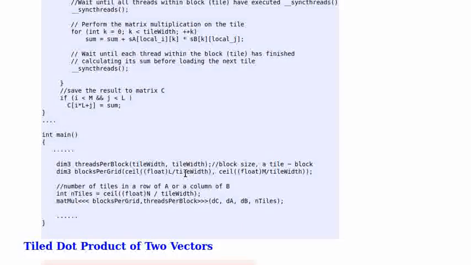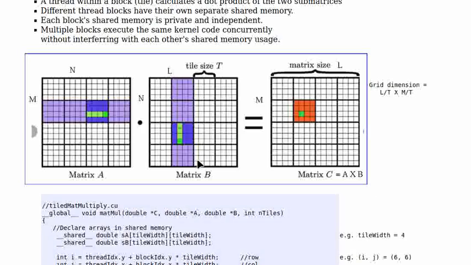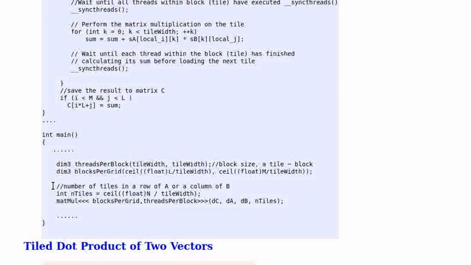For the main, we just need to define the threads per block to be the tile width, in this example 4 times 4. And then the blocks per grid would be equal to L divided by tile width and M divided by tile width. We need to cast to float because this would otherwise be an integer division, which truncates the value.